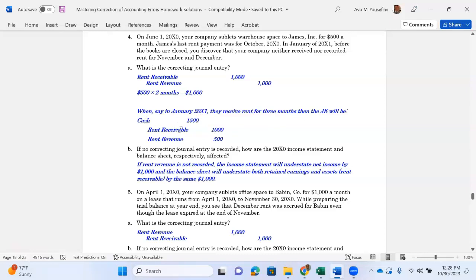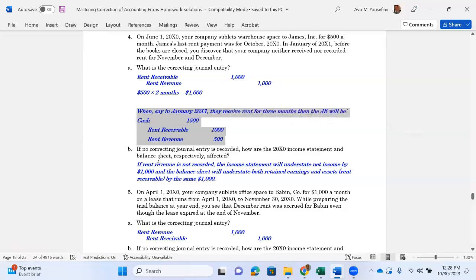We close the rent receivable that we recognized for November and December, so asset will decrease. And we record the revenue for the month of January of 2021 for $500. So that will be our journal entry. This part I made up myself, just to see if you can figure out what the answer might be when the payment is received. Hopefully it makes it a little bit more challenging.